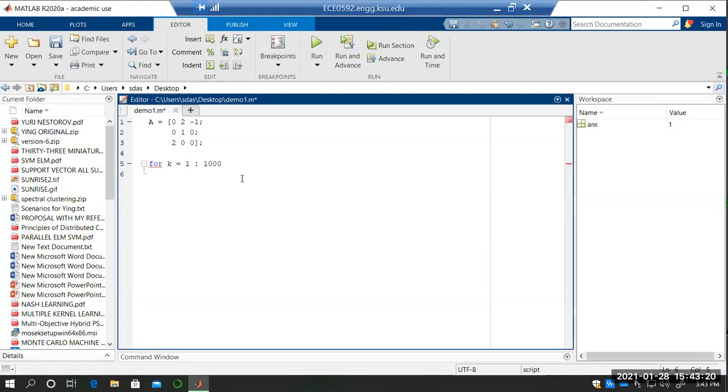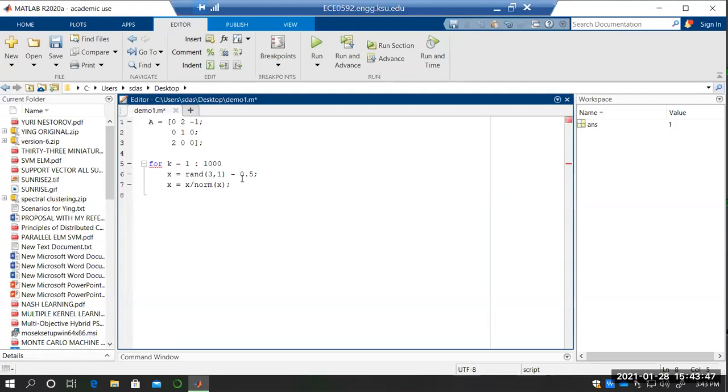Okay, so now X equals rand(3,1) minus 0.5. So now I'm generating a random X, and then X equals X over norm X. So now it's a random unit vector.